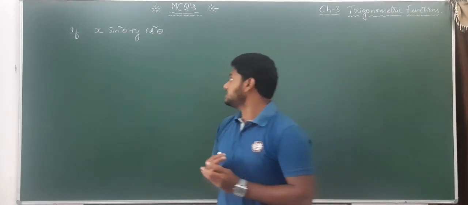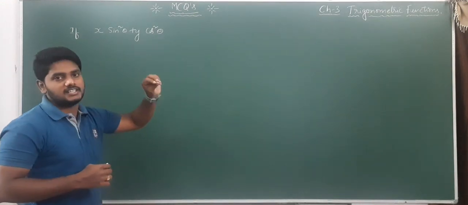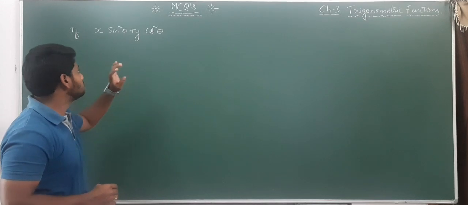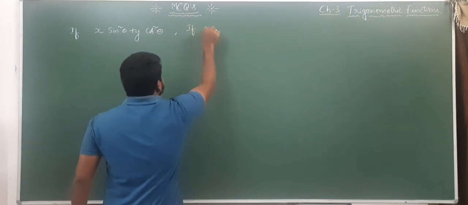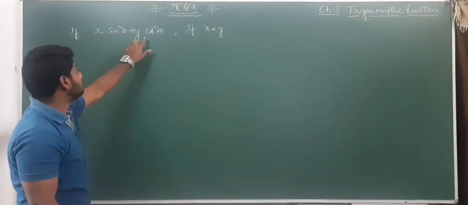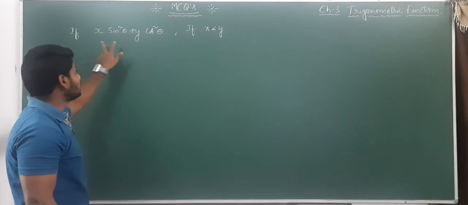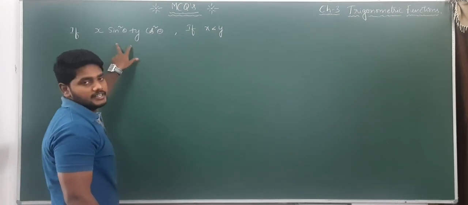See, how to identify: if x sin square theta plus y cos square theta is the equation, then look at the condition. Here x and y are both real numbers.